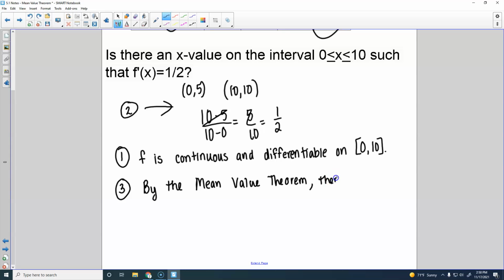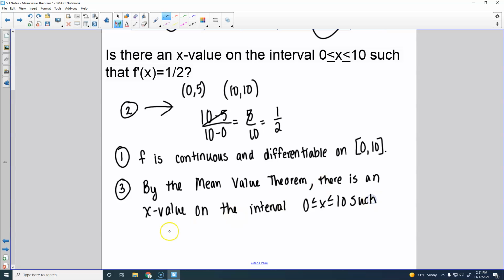There is an x value on the interval 0 less than or equal to x less than or equal to 10, such that f prime of x equals 1/2.